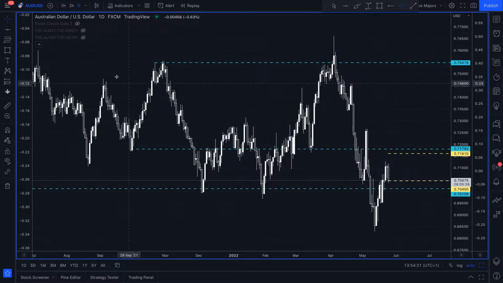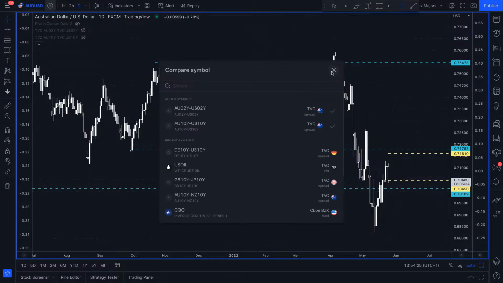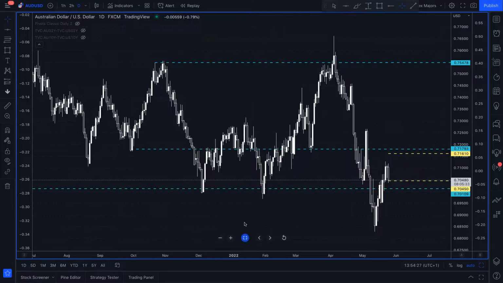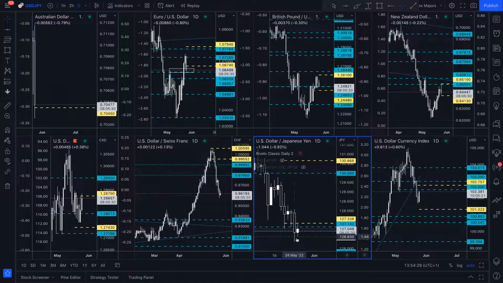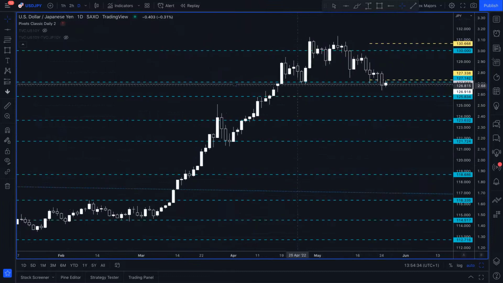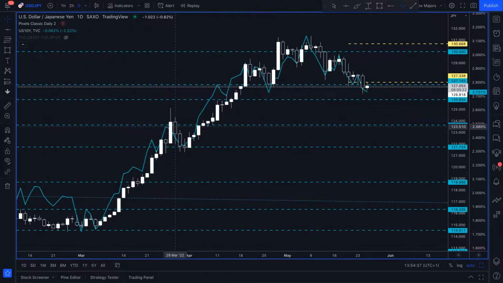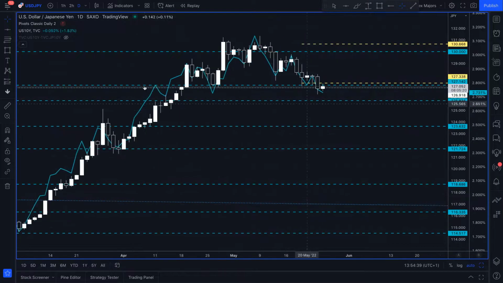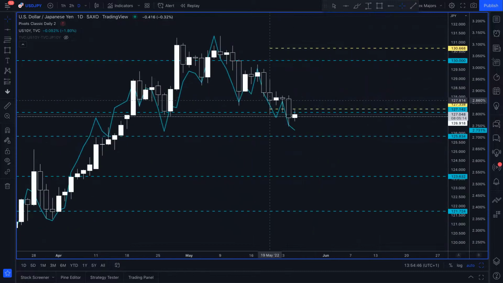Sorry, I meant to be looking at the dollar yen. That would help, wouldn't it? Right, if you look at the dollar yen, see it's pushed lower through that key support level. The dollar yen basically tracks the US 10-year yield. See how close that is? That's just because the Bank of Japan is flat, they've been the same. So dollar yen just tracks the US 10-year yields.